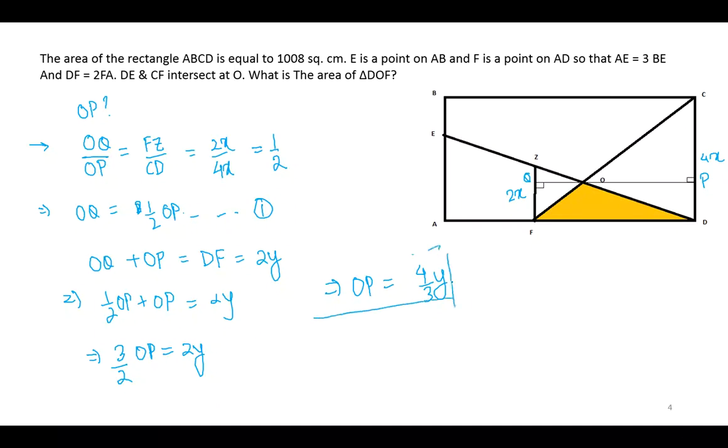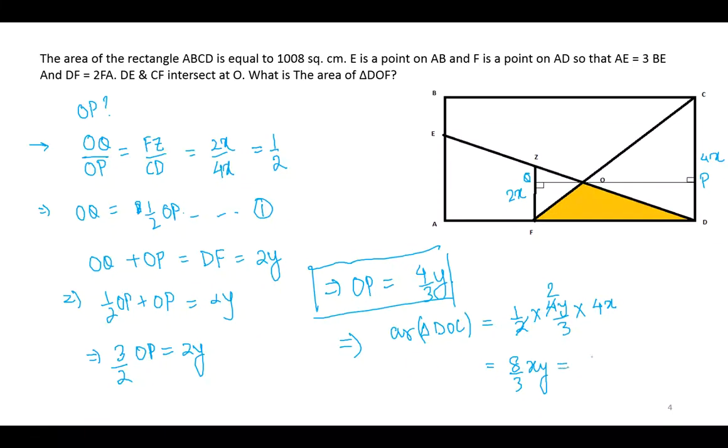Now this makes everything simple for us. What I want to find out is the area of triangle DOC. This is nothing but half into 4y by 3 into 4x. So basically what we'll have is 8 by 3 xy.